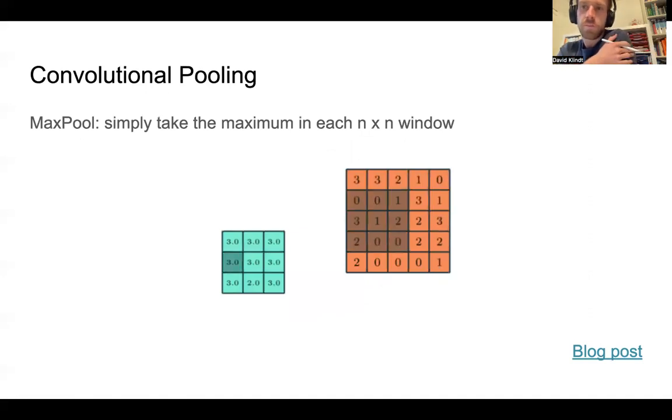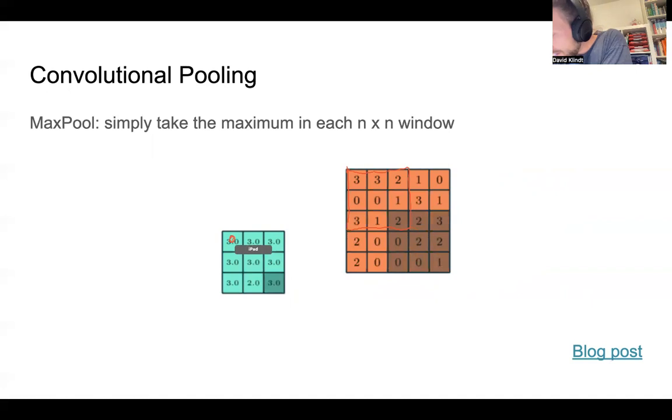Convolutional pooling, another important feature in there. Max pool is taking the maximum pixel in each n by n window. So let's say we do 3x3 max pooling. That means we look at the first window, we check what's the maximum pixel in there, and the value is 3. So 3 is what we get.